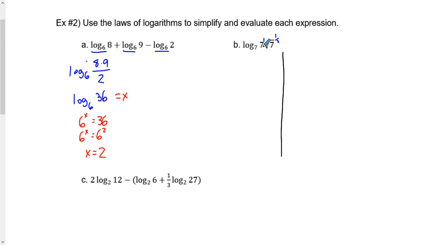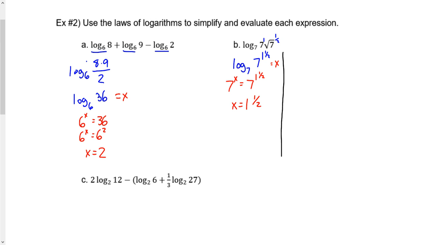Well, what happens when you have same base and you're multiplying? You add the exponents. 1 add 1/2 is 1/2. So then the question is, 7 to the power of x equals 7 to the power of 1/2. X equals 1/2.